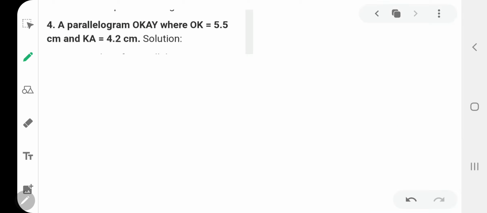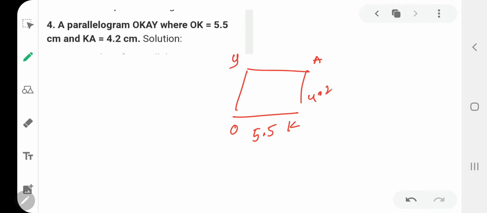Next we have to make a parallelogram OKAY, where OK is 5.5 and KA is 4.2. My dear kids, there is no measurement of any interior angle given to you.